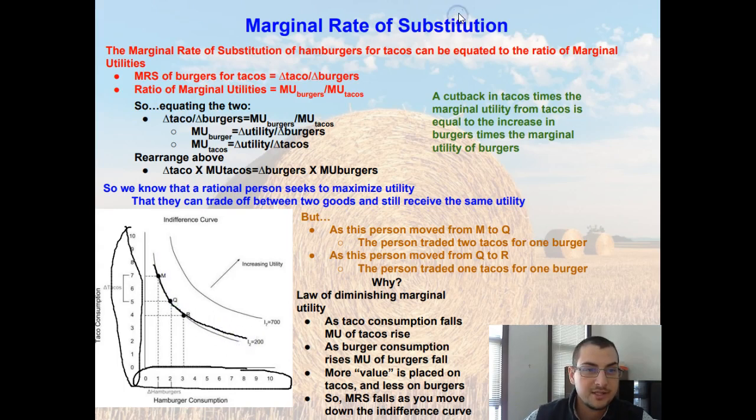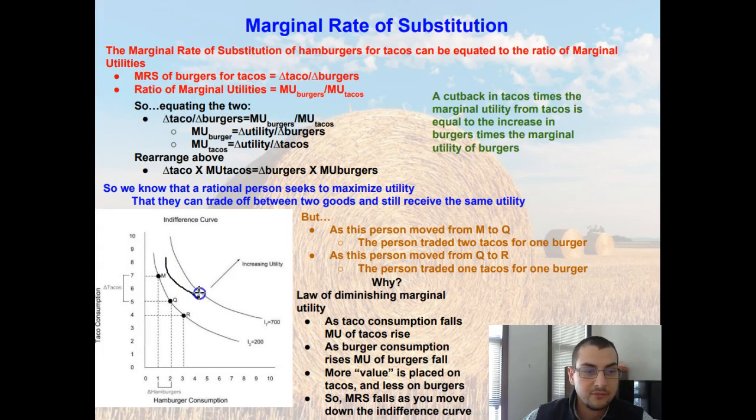So we can see that here. As we move down that indifference curve, here we traded 2 tacos for 1 hamburger. Here we only trade 1 taco for 1 hamburger. Why? Because the marginal utility obtained off of those burgers is falling, where the marginal utility off of those tacos is rising. So as we move down the indifference curve, that marginal rate of substitution falls.